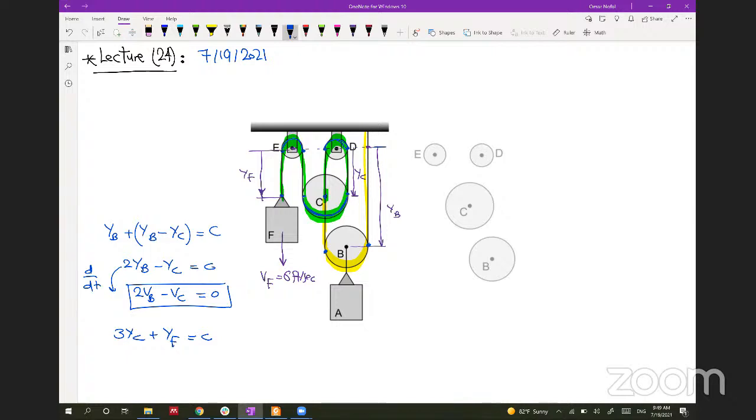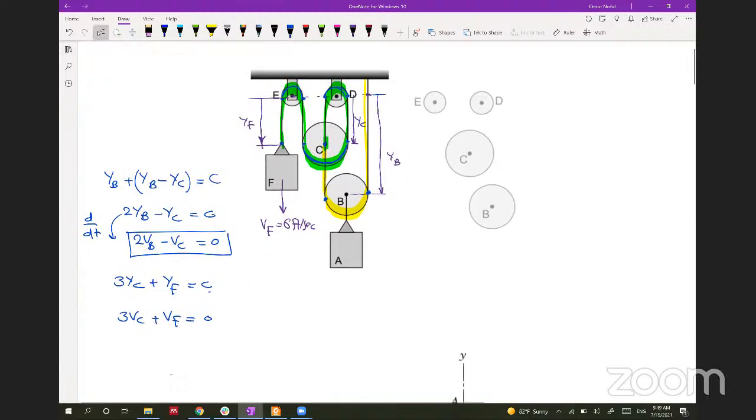These are not going to vary in our equation, and we put a constant rather than putting the length of the cable. And from this, if we take the time derivative, it will be 3VC plus VF equal to 0. This is the second equation, and let's set these equations in different forms.